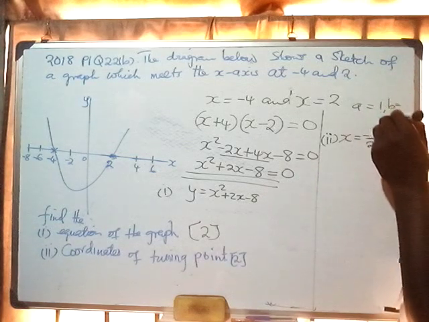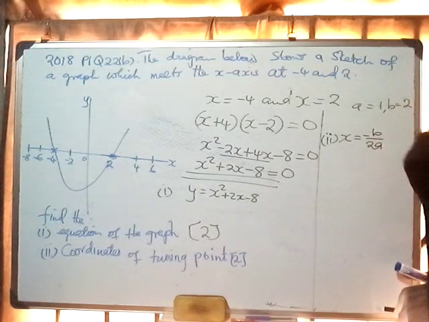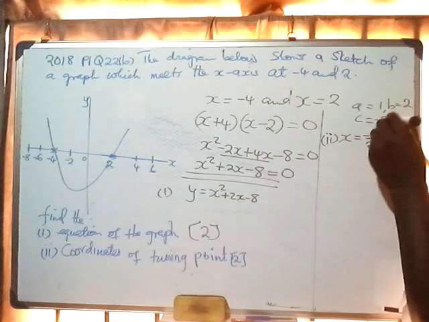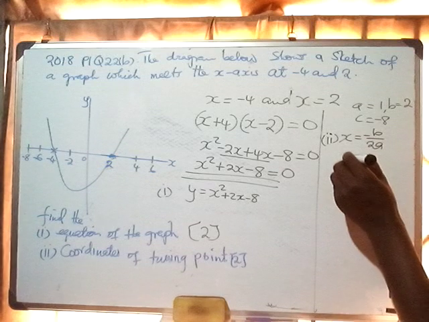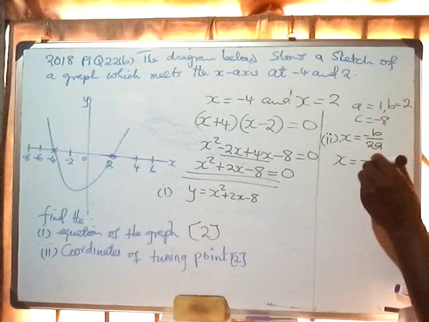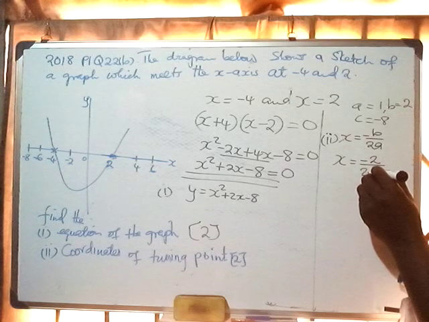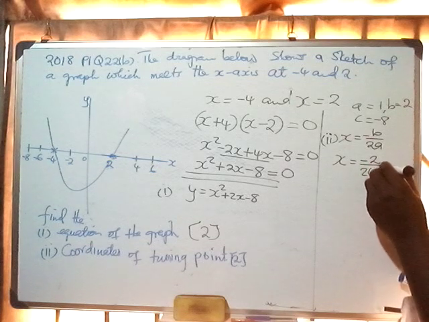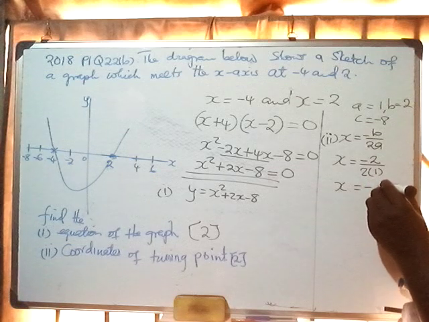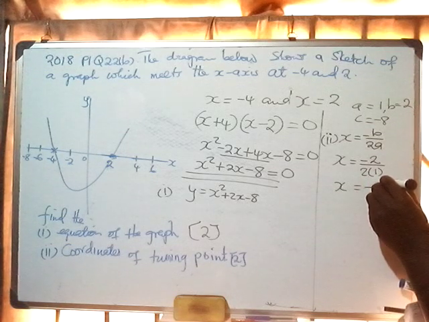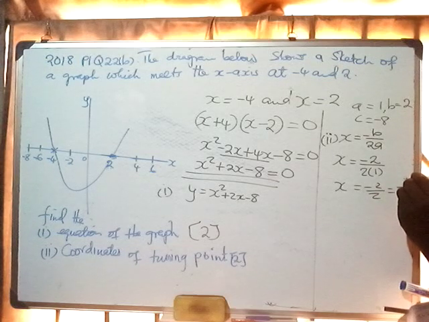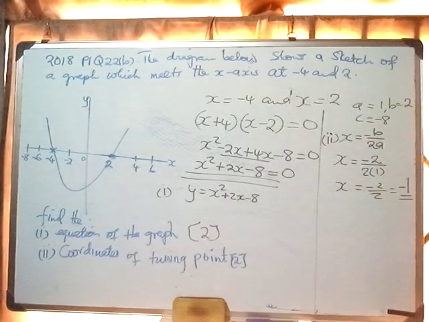Our b is 2. Our c is negative 8. So we are going to substitute. So x is equal to negative 2 over 2 times 1, which is the same as negative 1. That is the value of x.